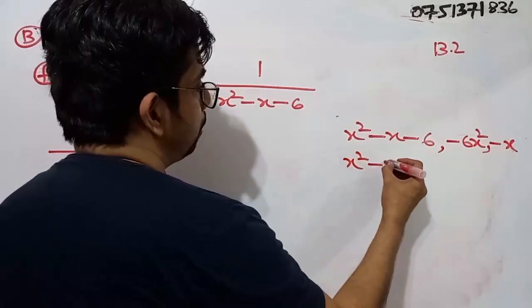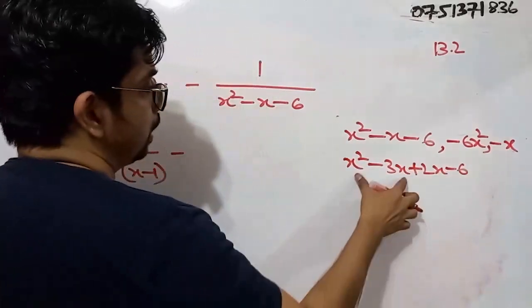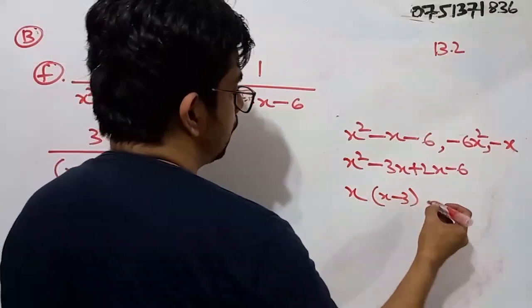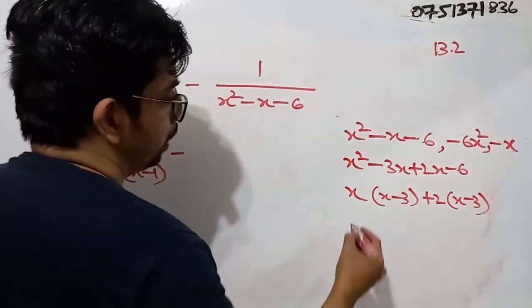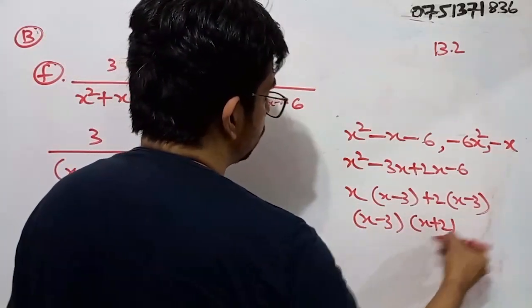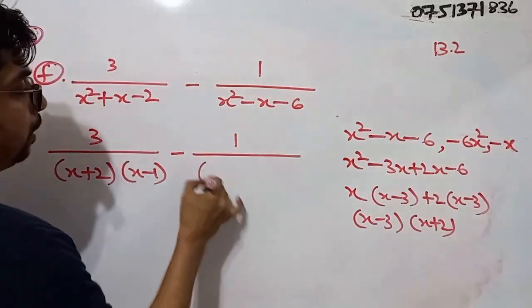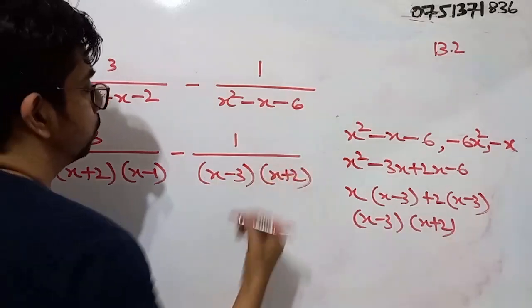So x squared minus 3x plus 2x minus 6. Consider these two terms, common factor is x. What goes inside? x minus 3. Plus 2, what goes inside? x minus 3. Then we have what? x minus 3 and x plus 2. That means this is 1 divided by x minus 3 and x plus 2.